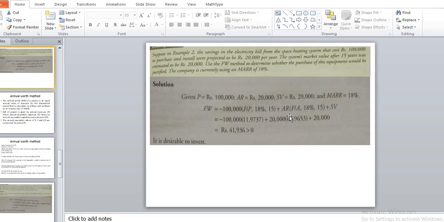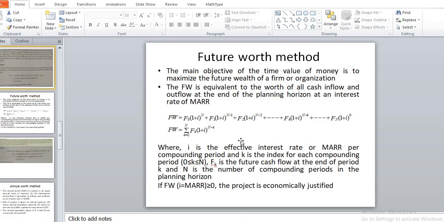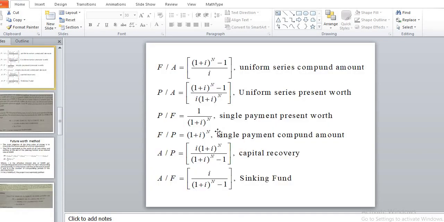And this F/P and F/A are the factors: F/P is the single payment value for a particular compound interest, and F/A is the uniform series value, or uniform series amount, for a particular compound interest. We calculate them with these formulas.